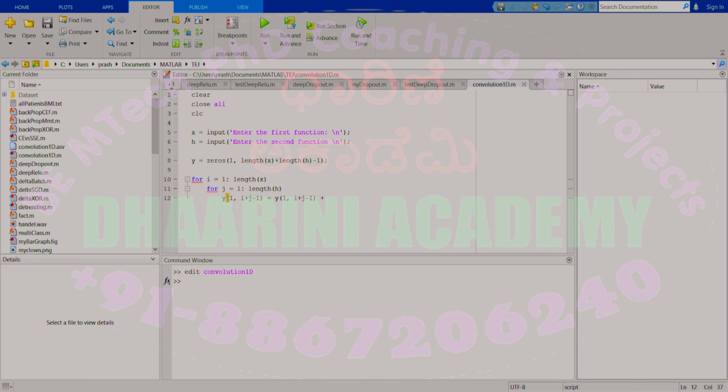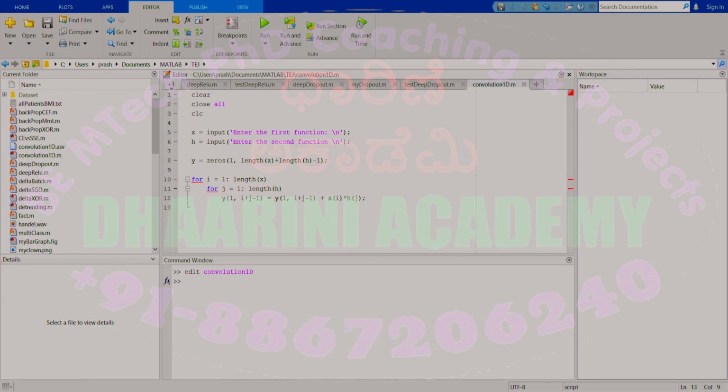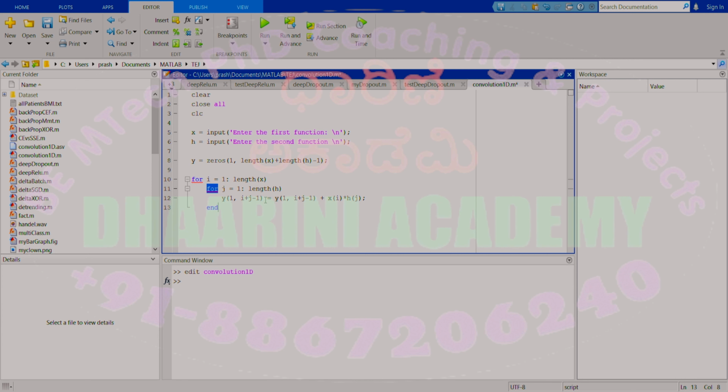To this I keep on adding the product, that is x of I, multiplied with the second function, h of j, right? Keep adding this. So every term by term, I keep multiplying and adding, right? So the summation is taken care of. So simply this is end of the first loop, end of the second loop. That's all. I think y should be our answer. Right? Let's just check whether this works fine.